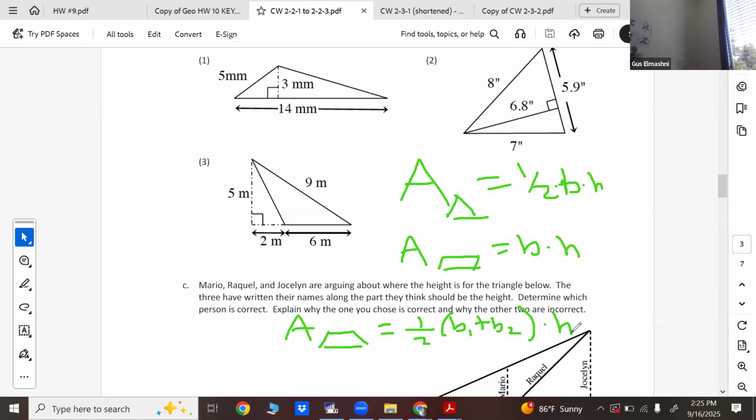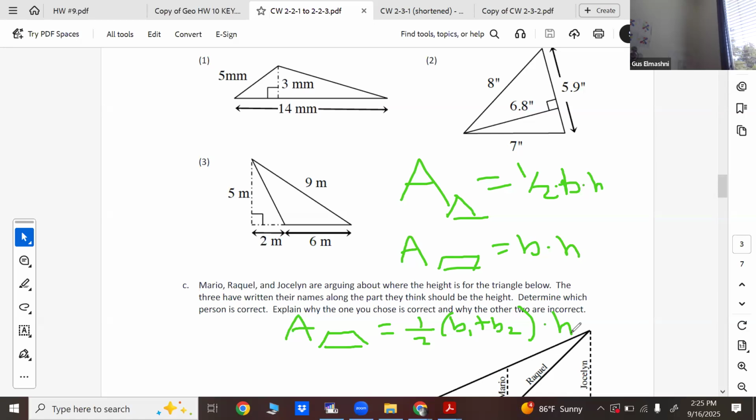Hold on, 1, 2, 3, oh, 4, yeah, there it is. Page 3. Do base times height divided by 2. Correct, yes, that's why you do. That was 43.